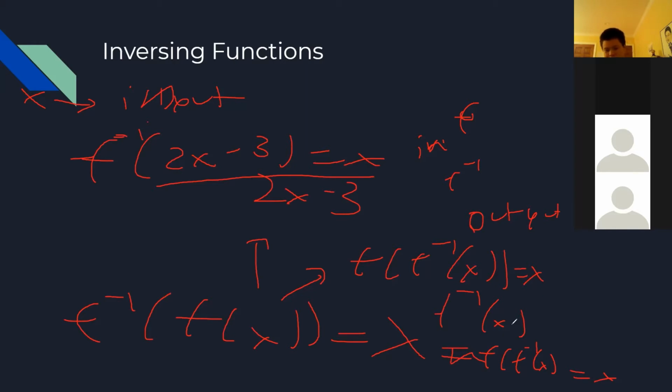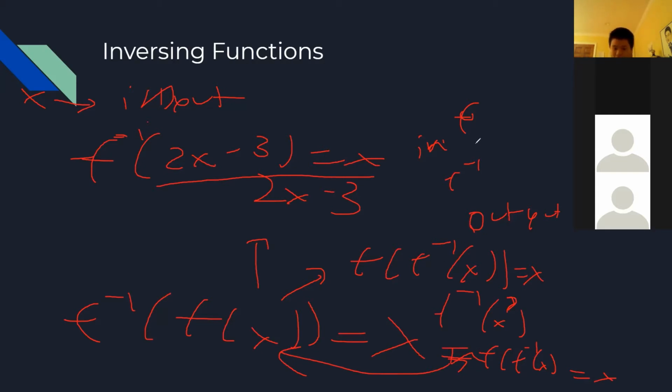I'm explaining this one. f minus 1 of x gives whatever gives x from f. So x is essentially taken as an output. So when you put f negative 1 into f, it is x, showing that these two statements are equivalent.